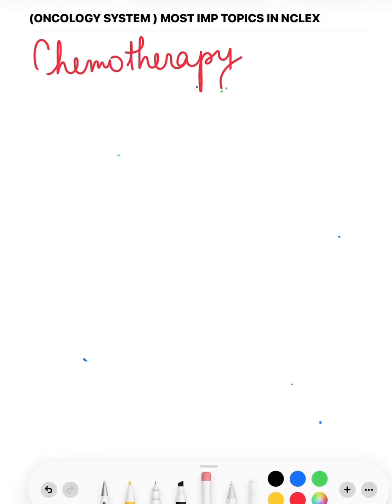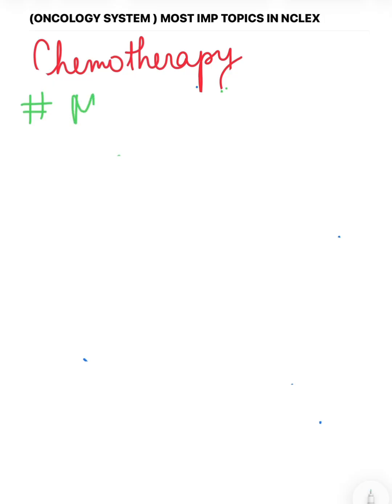Next point, in chemotherapy, monitor for sore throat.